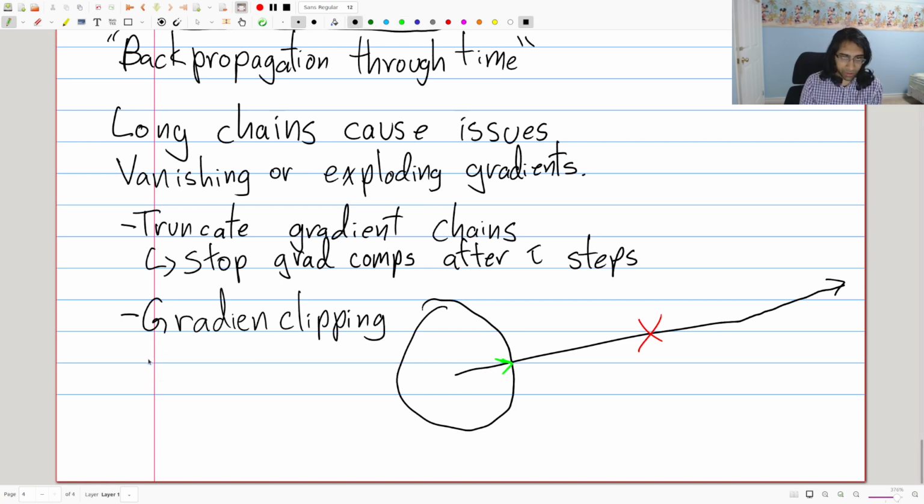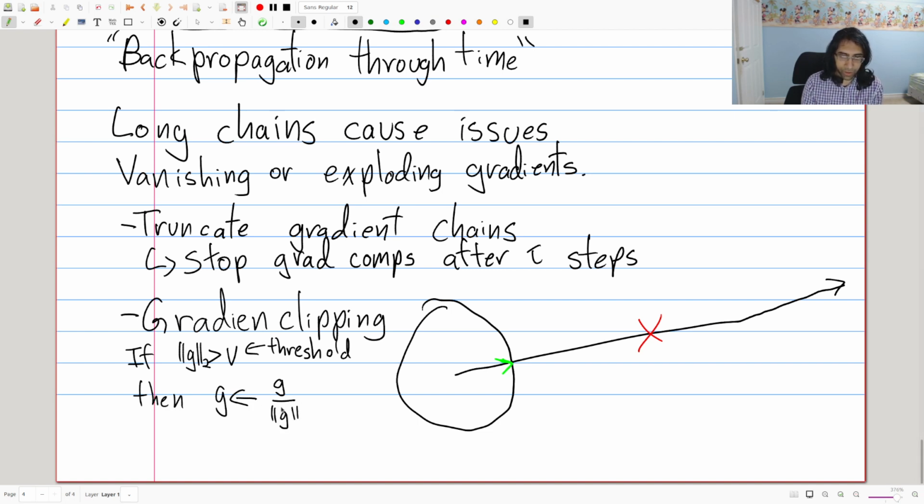And one way to write this more mathematically is something like, given some gradient g, if the magnitude of g is greater than, say, v, where v is some threshold, and maybe this is the L2 norm. Generally we use the L2 norm if it's not specified, but yeah, this will be some threshold. Then what we're going to do is rescale g, basically you take itself and then renormalize it.